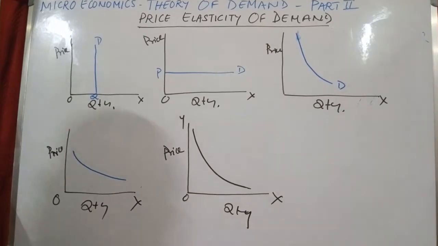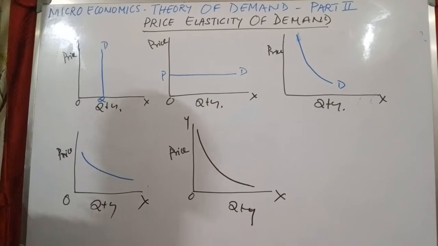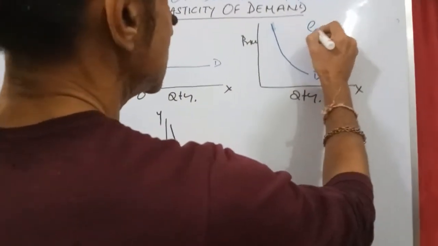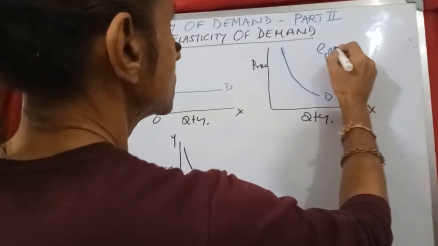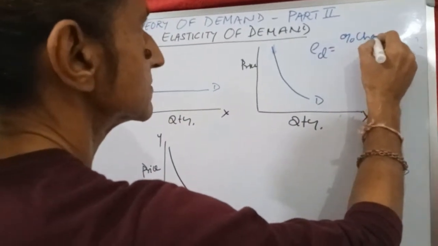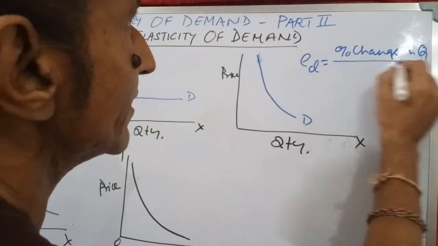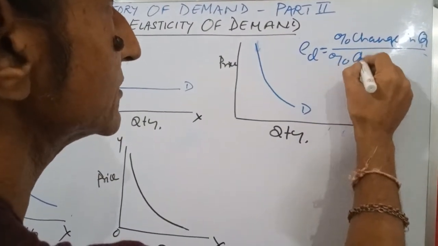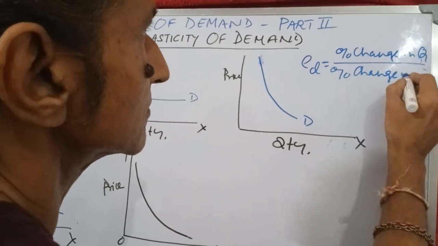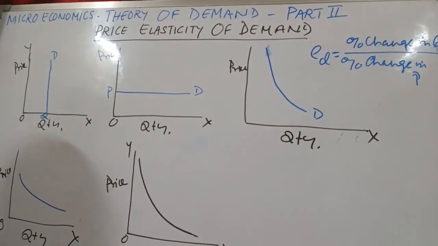Now we know price elasticity ED equals percentage change in Q divided by percentage change in P. Correct?